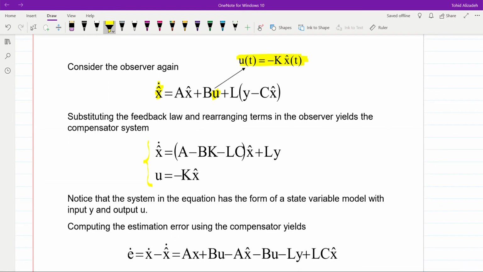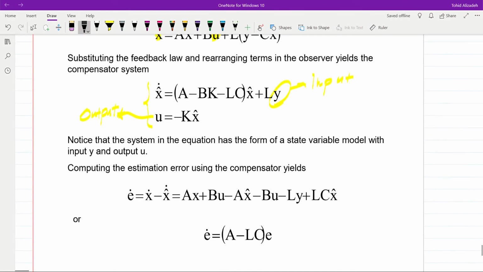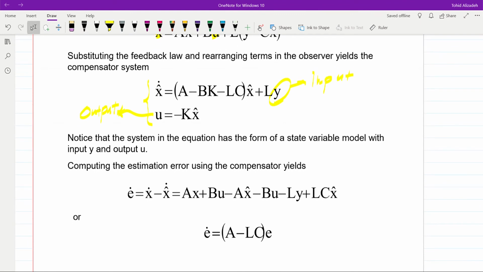Now if you consider this system over here, it is a system with y as the input and x hat and u as the output. And x hat is the state variable here. If we calculate the estimation error, we will have e dot equal to x dot minus x hat dot.